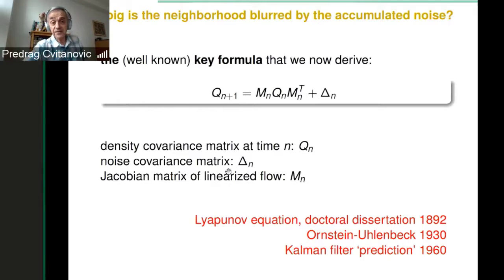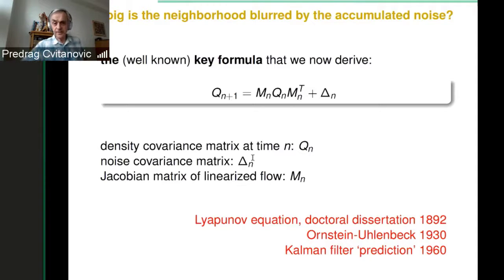But somebody's kicking you with some noise of given strength in different directions in a state space. So that's described by another covariance matrix. And you have a law of motion, which is non-trivial, and we'll only keep what happens in small neighborhoods, for the law that's called linearized flow.